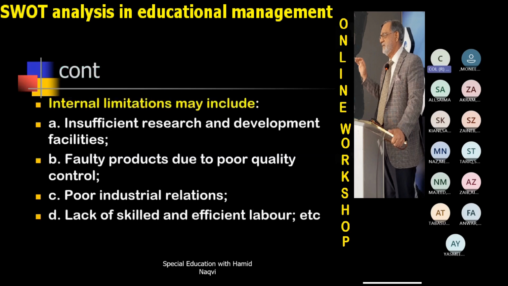Now, internal limitations. There are certain internal limitations which affect your strengths and weaknesses. Insufficient research and development facilities: when you are making strategic decisions, your data should be good enough, and the professionals who are carrying out research and making recommendations should be professionally sound. Then the products you are producing, faulty products due to poor quality control.